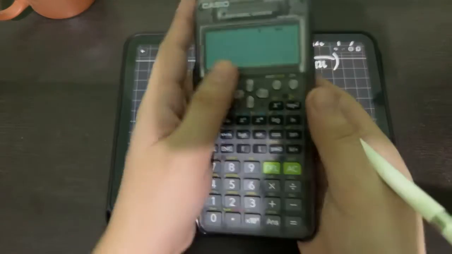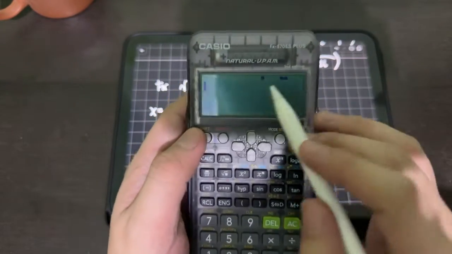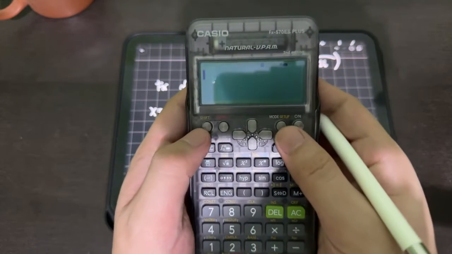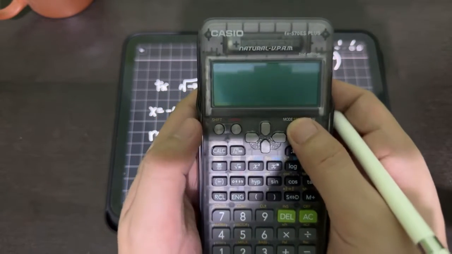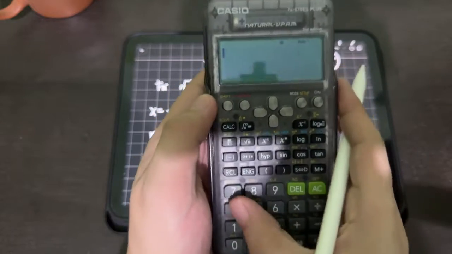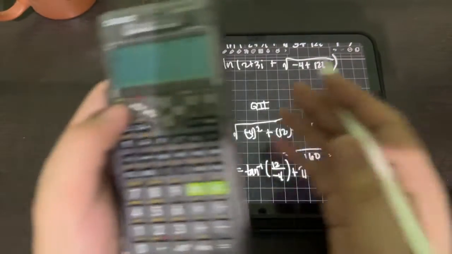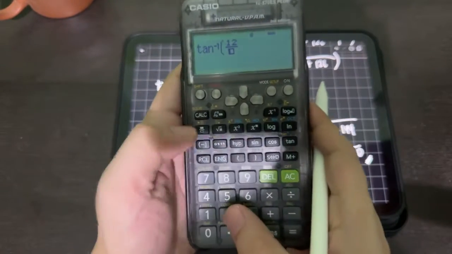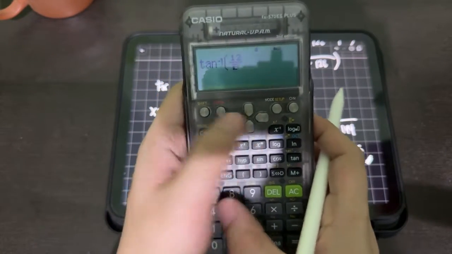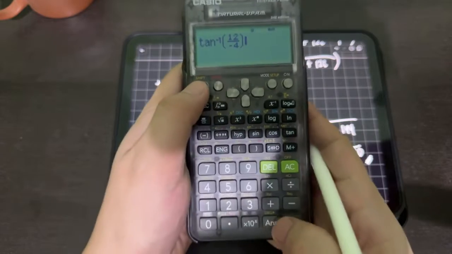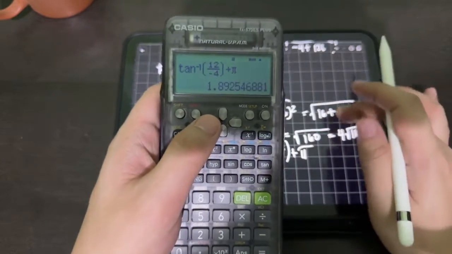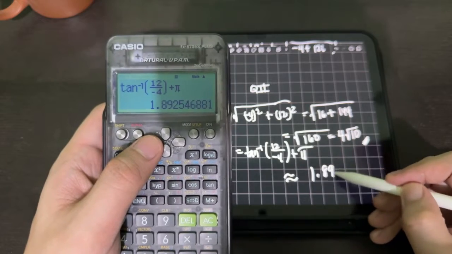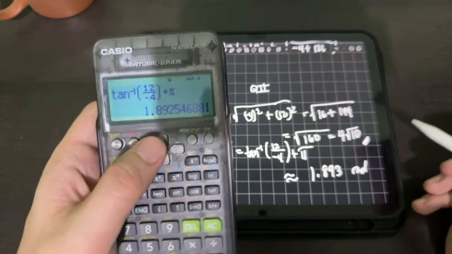Input this arctan, and make sure that your calculator is in radian mode. So shift setup 4. We will have arctan of 12 over negative 4 plus pi, which is approximately 1.893 radians in 3 decimal places.